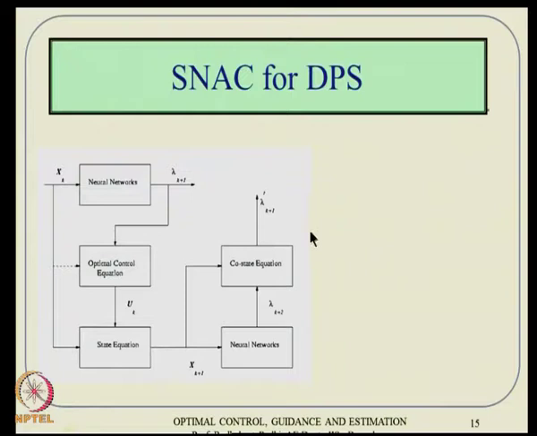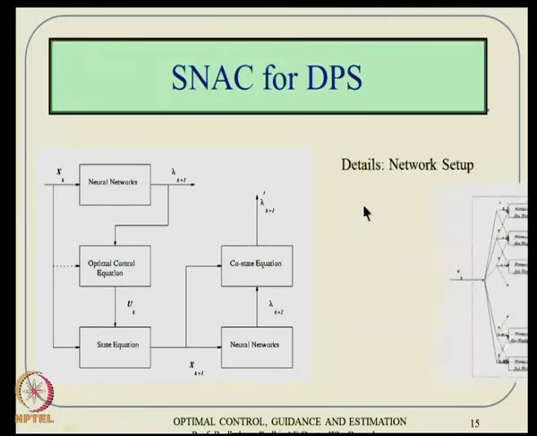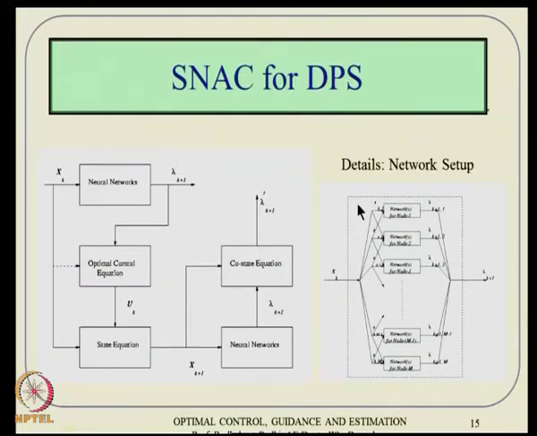The only difference is that the neural network structure is different, and it turns out to be something like this. At the neural network at node 1, node 2, node 3 and so on, the inputs are not only xk, the value of the state at time instant k, but they also take, for example, the network at node 2 will take input from node 1 and node 3 as well.